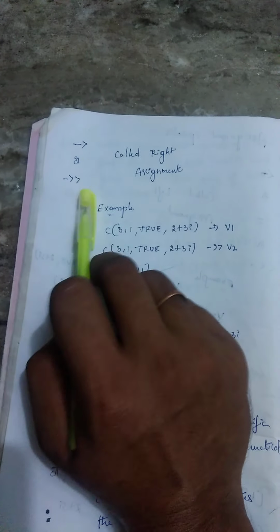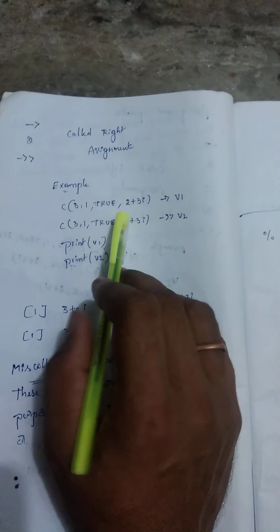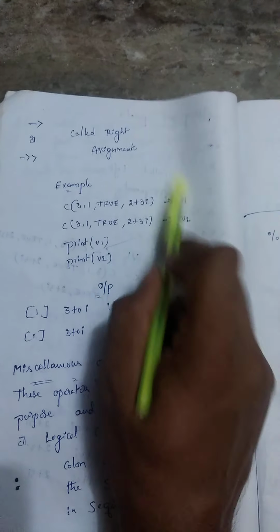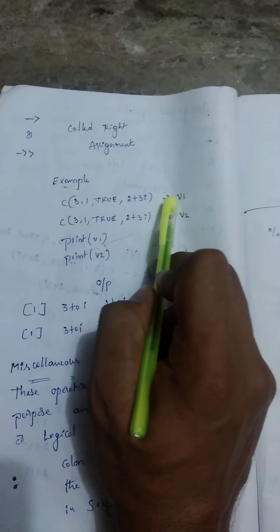Okay, coming to the next one, the right assignment, right shift. These are the symbols we use in R programming. For example, here we are assigning to the right side.